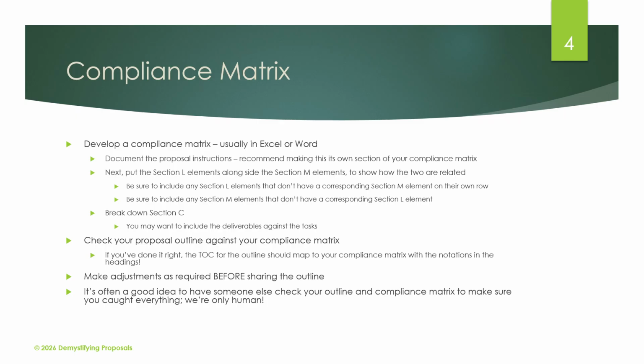So one of the things that we definitely advise is to do your compliance matrix early in the process, along with your outline, and then check your outline against your compliance matrix, check your compliance matrix against your outline. And that way you're more likely to catch anything that you may have missed in one or the other. However, it's often a good idea to have someone else check your outline and compliance matrix to make sure you've caught everything. After all, we're only human.